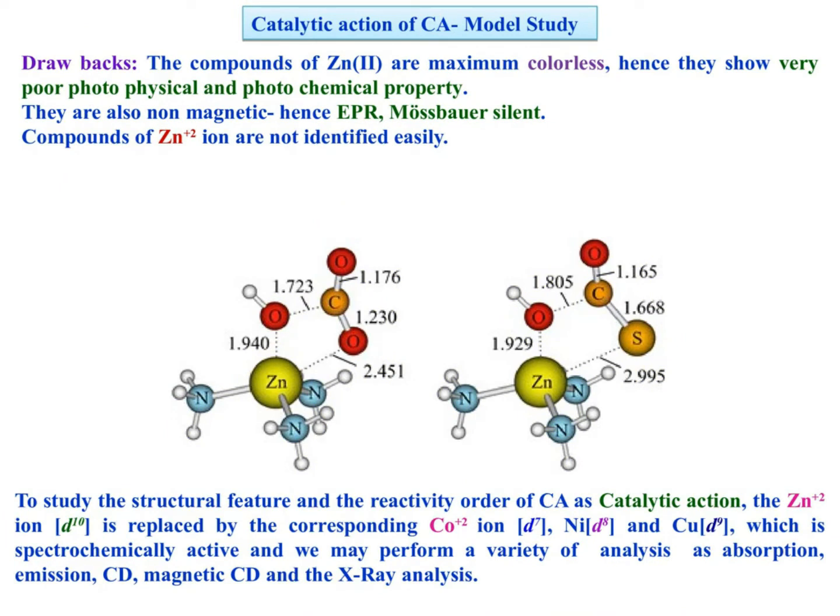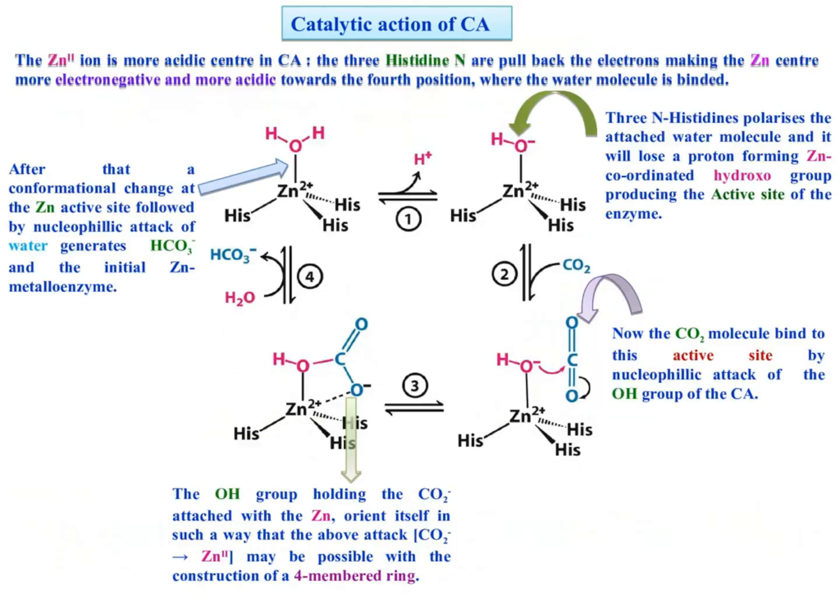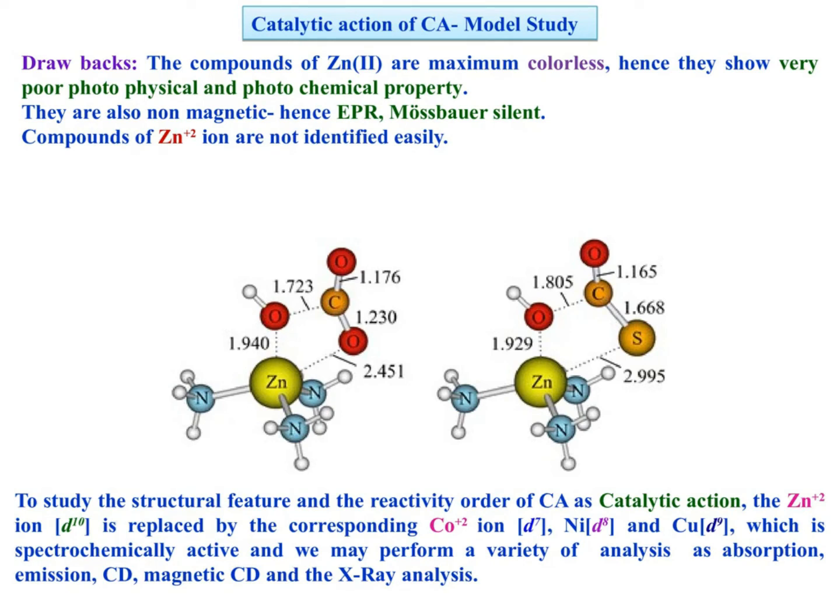Next, this is the last part of my lecture. We have seen that zinc 2 is very important for our body, and it is the main part of the catalyst CA, and it performs an important catalytic cycle during the reversible conversion of carbon dioxide to carbonate or carbonic acid.